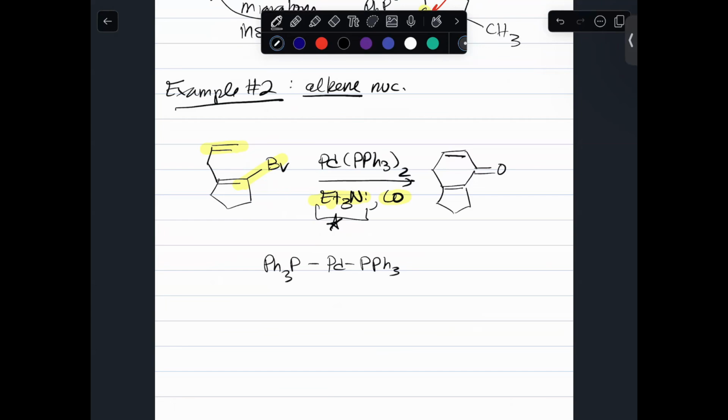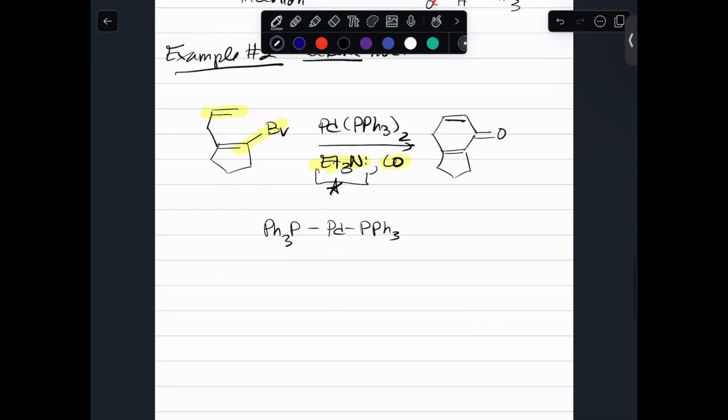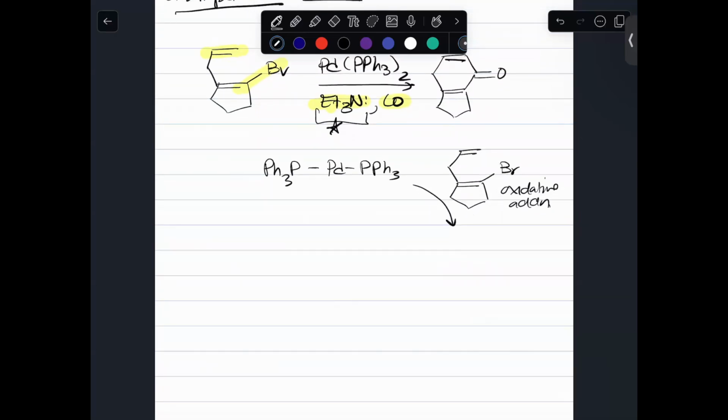So let's start off just like we did before with our catalyst and our oxidative addition step. I'm going to draw it a little differently just so that I can have space.